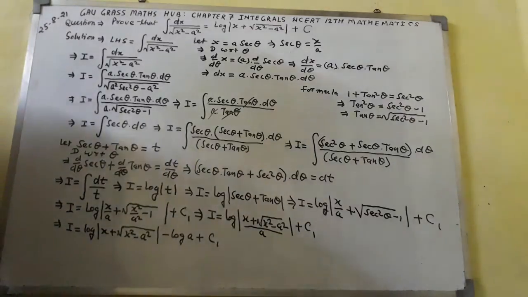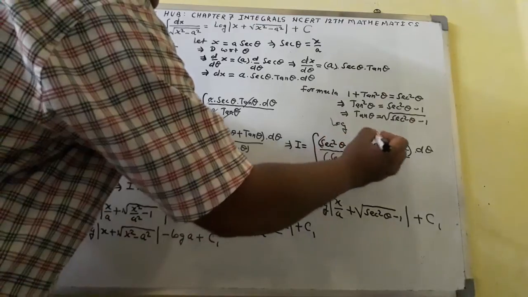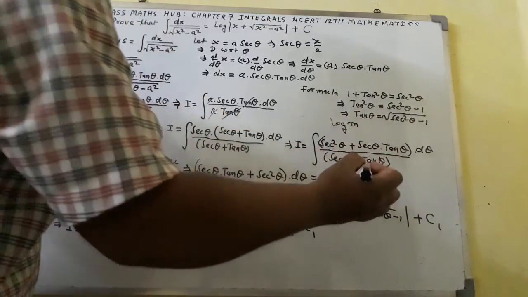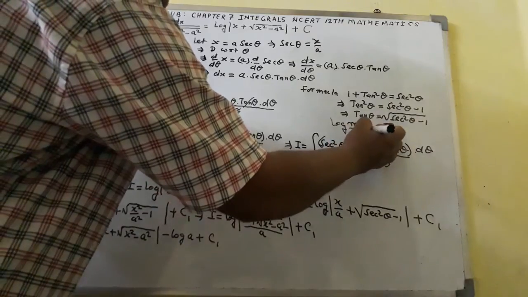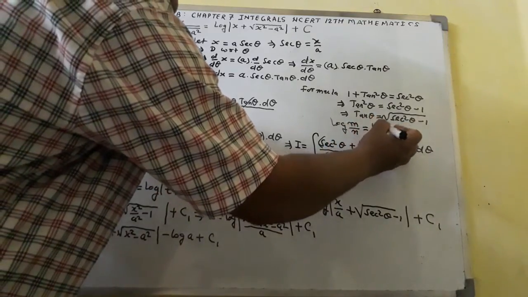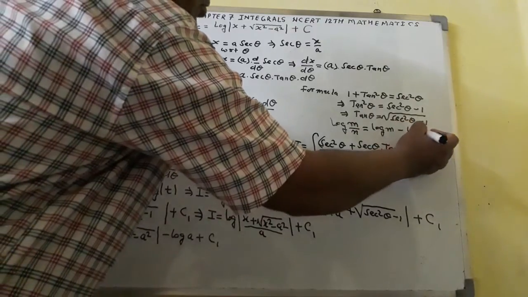Here I have used the formula log m over n equal to log m minus log n.